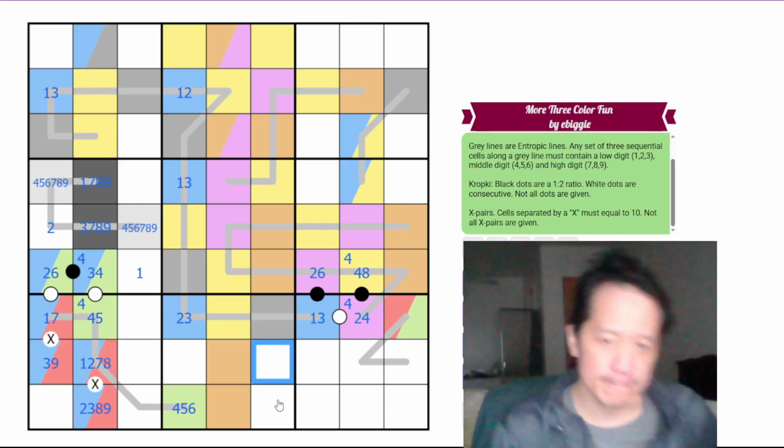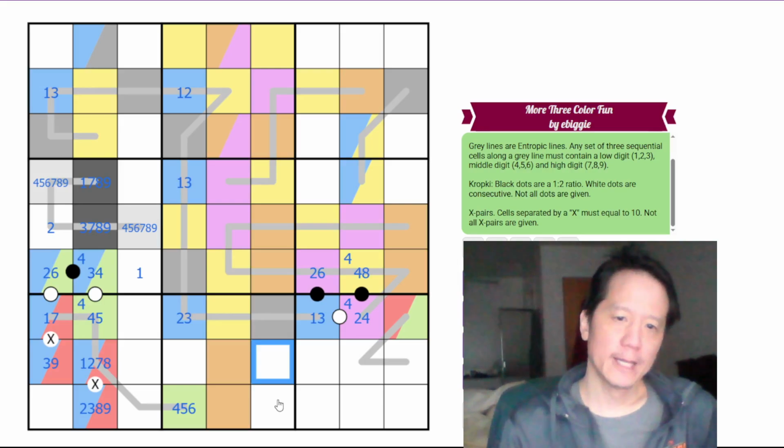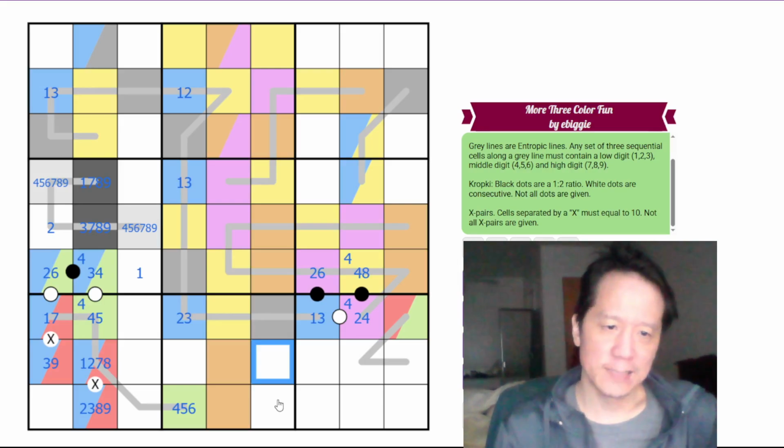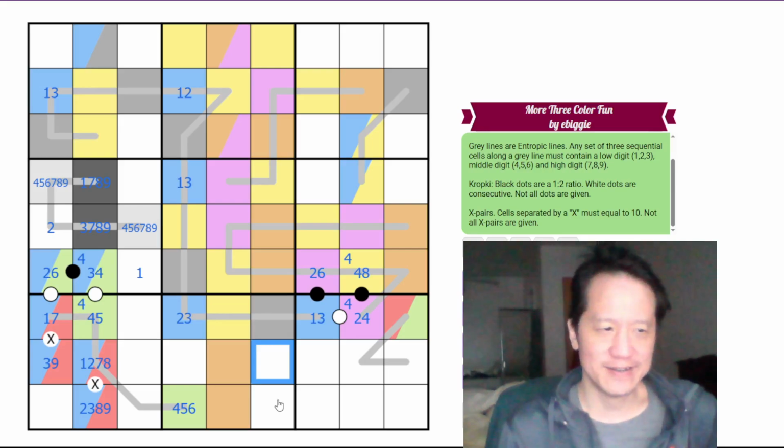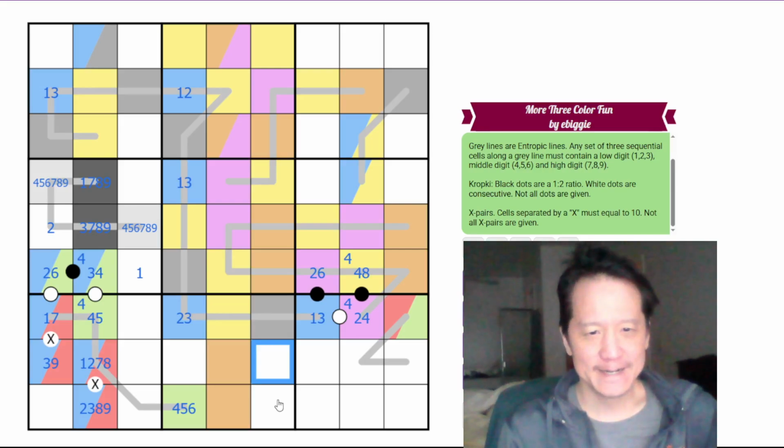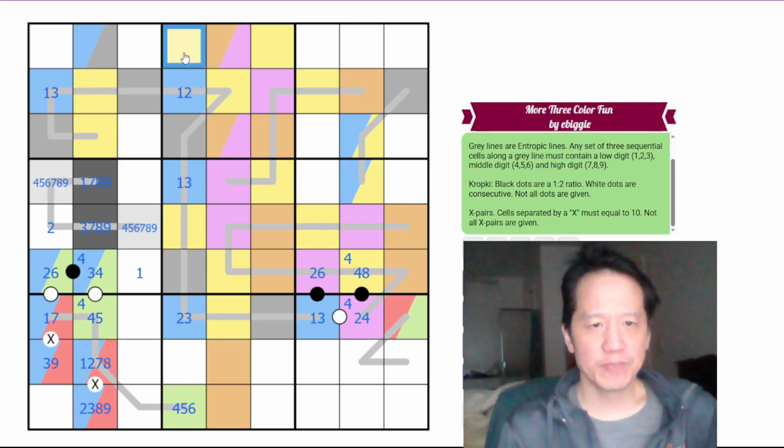Okay. What does that tell us? I'm not sure. Well, okay. Here we have yellow and medium gray have two cells in column 4, which means this cell fulfills that the last digit in those columns.